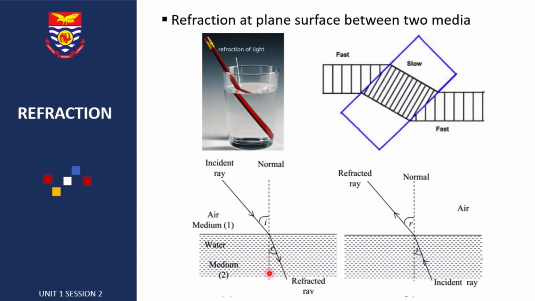The normal. Should we have a light ray that is, this time around, traveling from a denser medium to a less dense medium, you see that the refracted ray will bend away from the normal.